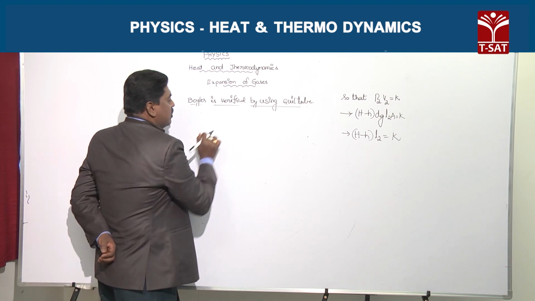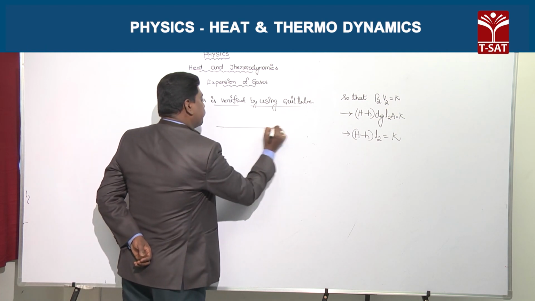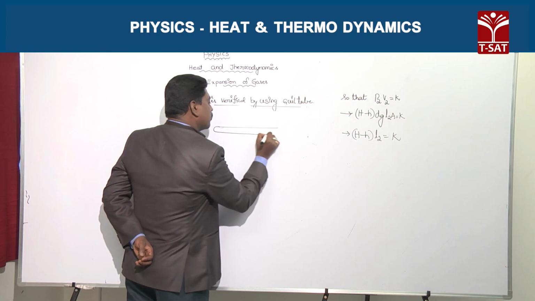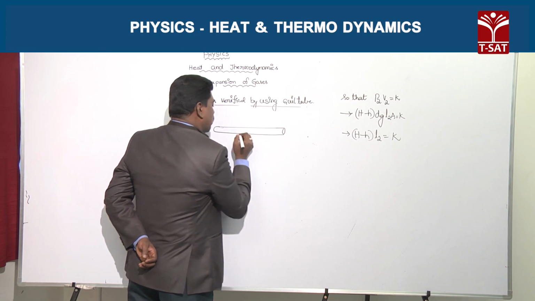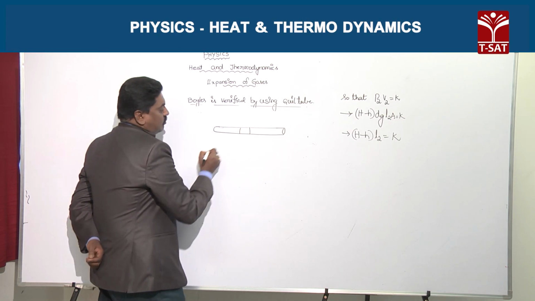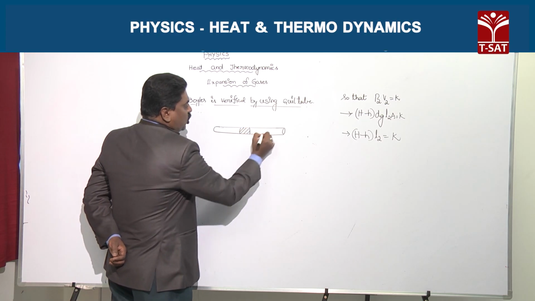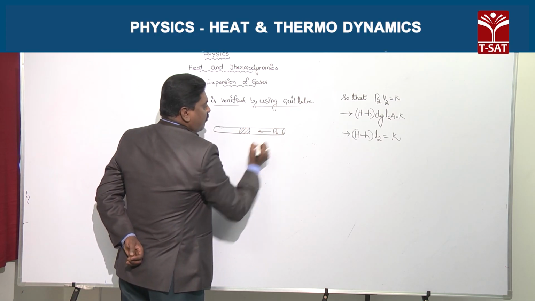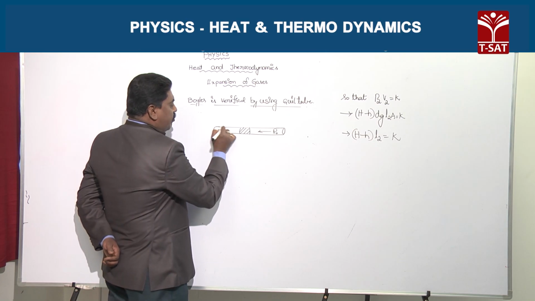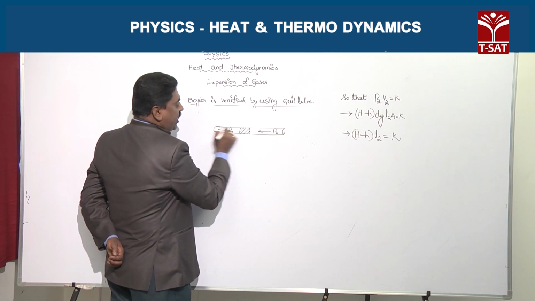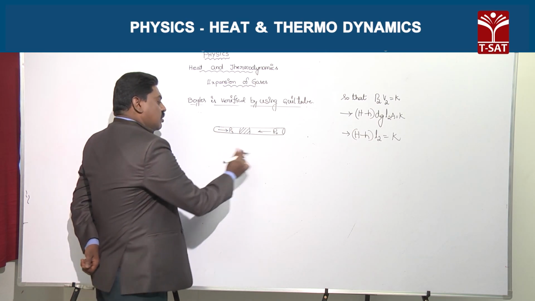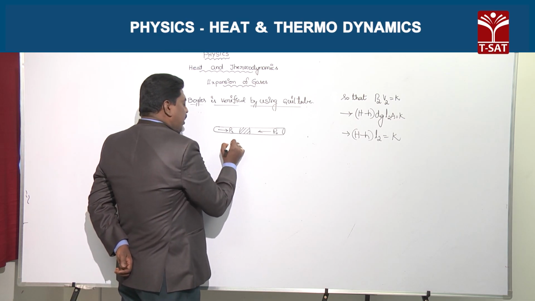Now let us say that the tube is made horizontal. In this situation, the pressure acting is P0 from the atmosphere and the pressure acting from the air trapped is P3. These two pressures are equal right now.